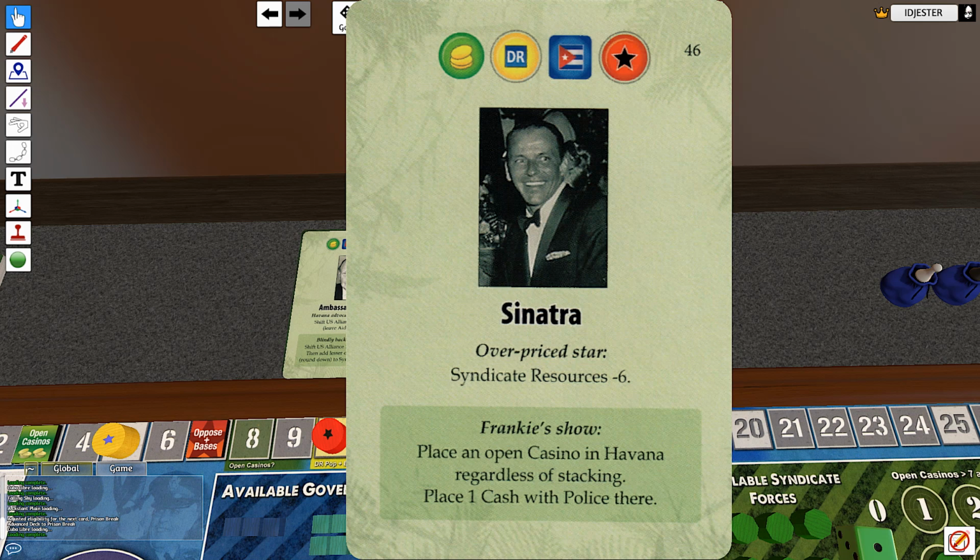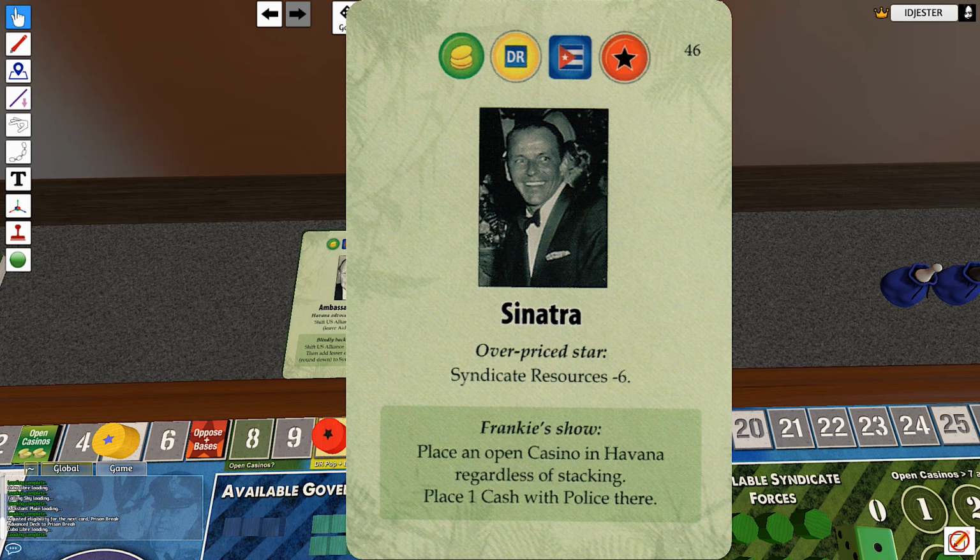Usually, the unshaded event is good for the coin players, and the shaded ones are good for the insurgency factions. But as a faction, if you want to play the event, you can actually play either one.